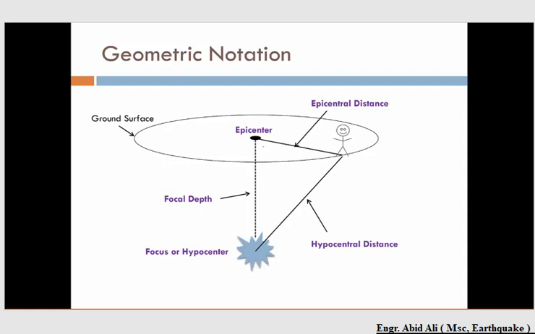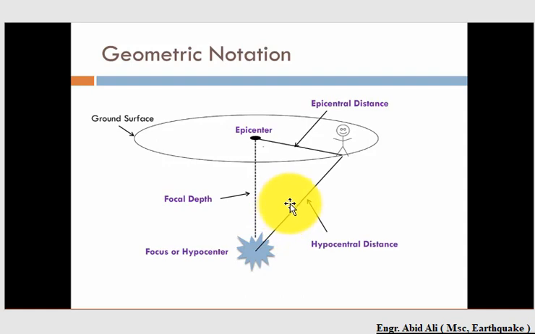Okay, so let's say that we have the ground surface here represented by this oval, and we have a happy student walking along the ground surface. Now let's say somewhere beneath the earth's surface, at some depth, rupture occurs on a fault and an earthquake occurs.